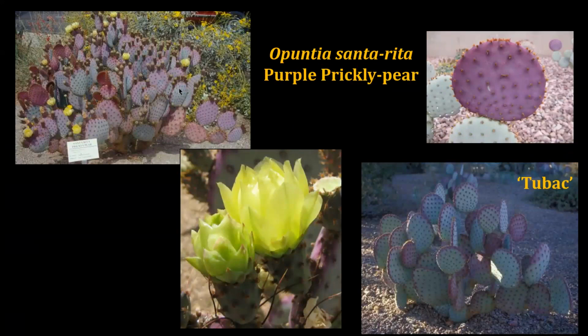When these are stressed, so during the winter with cool temperatures, or perhaps really hot temperatures in the summer, you get more pronounced color. The pigments in those pads stand out more in those extreme conditions. In late spring, usually you have these lovely yellow flowers. It just tops off all that purple and blue of these plants.